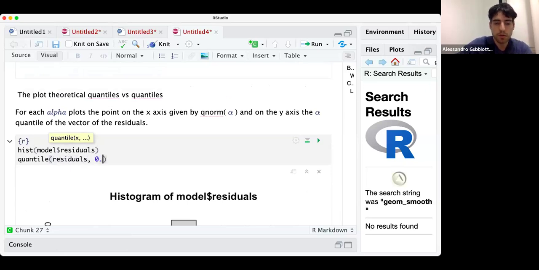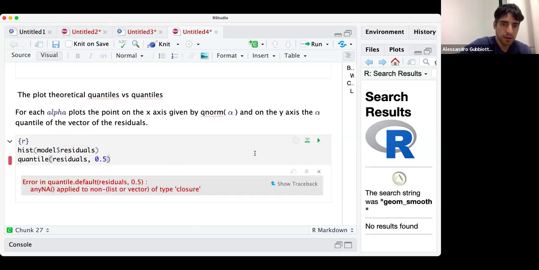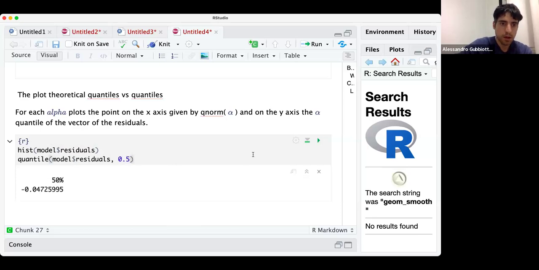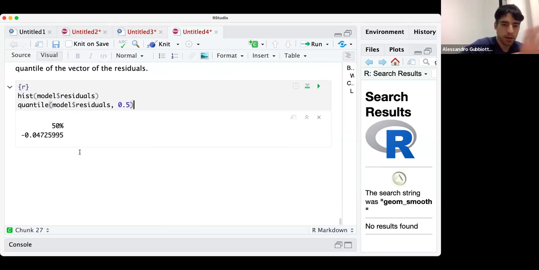We take 0.5, let's say, should be around 0. It's around 0, like 50% of the vector is on the left of 0.47.